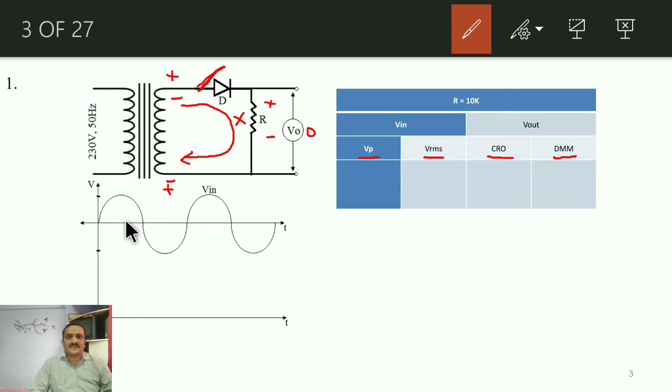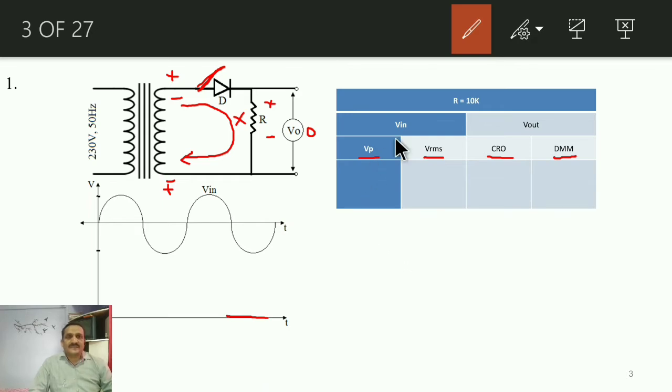So just imagine what nature of output you will obtain. It will be a half wave rectified output like this. During the positive half, you will get the same as the input. Then during the negative half of the input, you will have zero output. Again in the next positive half cycle, the output will be non-zero, and again during the second negative half, the output will remain zero.